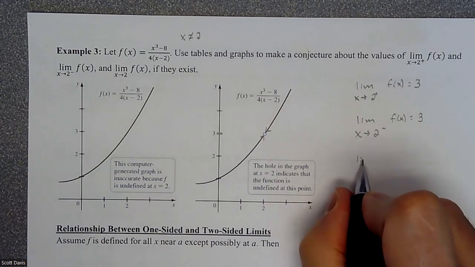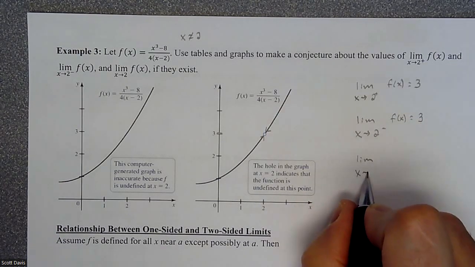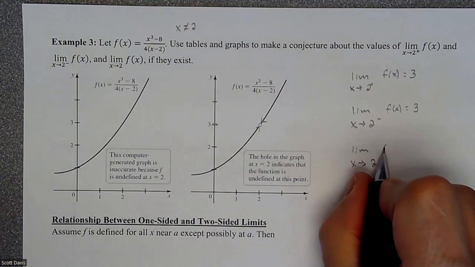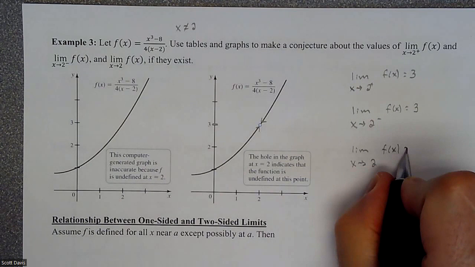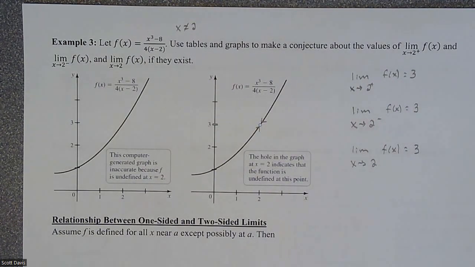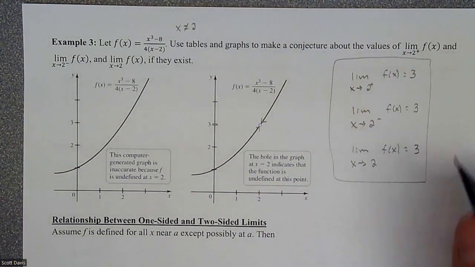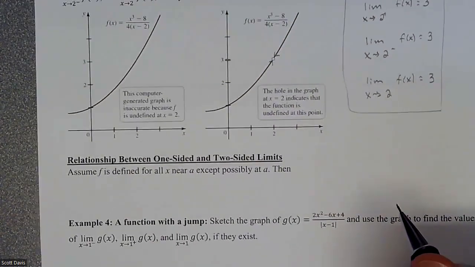So that means that for our overall limit as x approaches 2, you have to compare both sides. And if both sides match, then your limit is that value. So here's our definition.